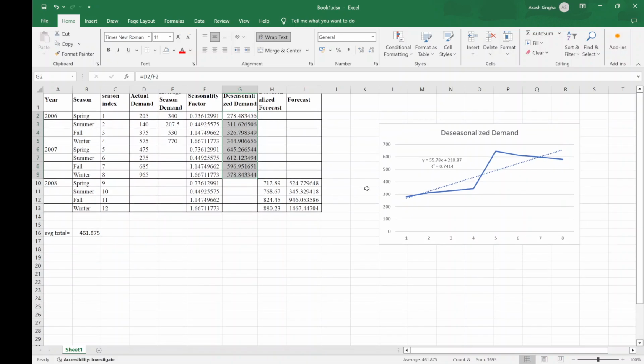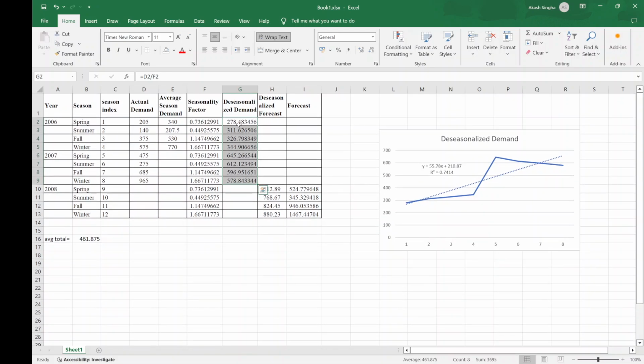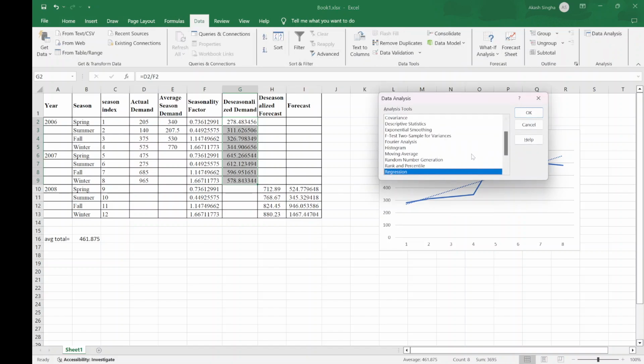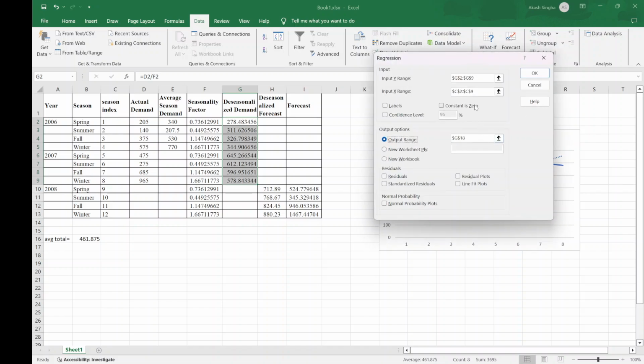How we can do that is we can do a simple regression also from data analysis. If you do a regression, see, I have taken this list, and for input we have taken this 1 to 8, and we make an output here.